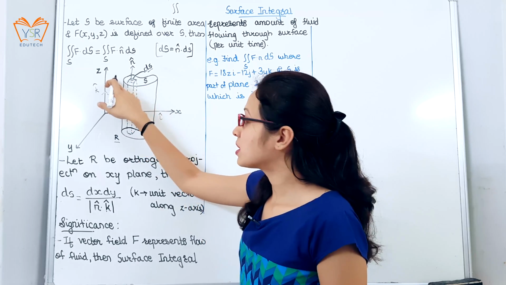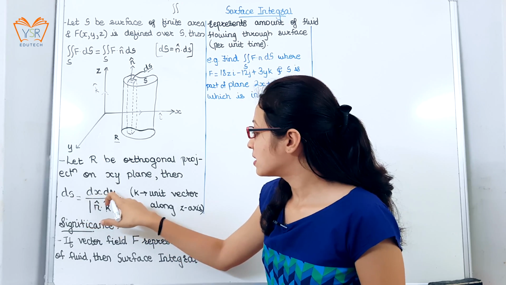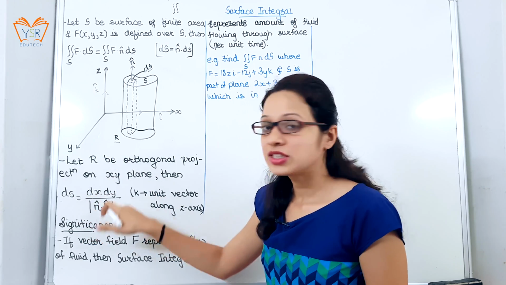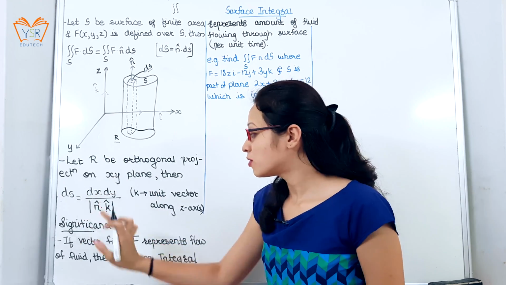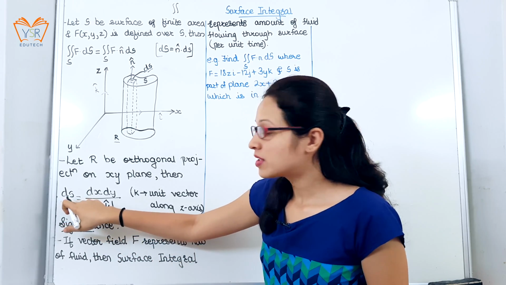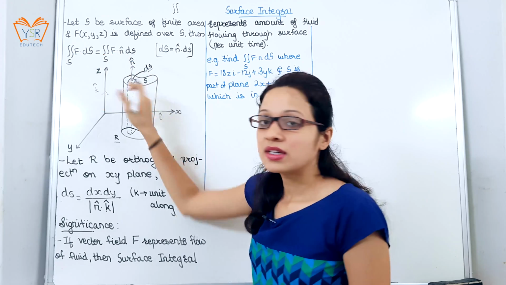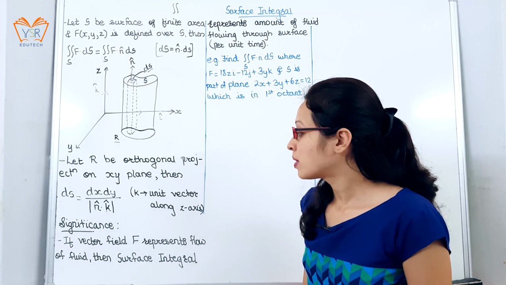Similarly, if we project in the xz plane, we get the formula dx dz divided by the magnitude of n cap dot j cap. This is the formula for dS. When we substitute this formula in this, we'll get the values and we can expand the integral.